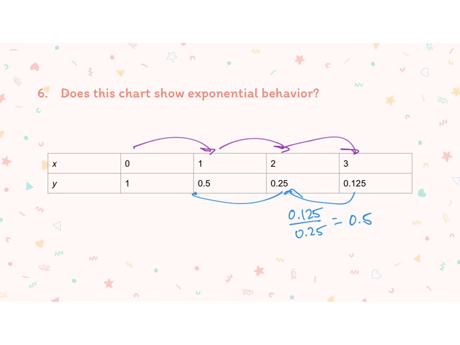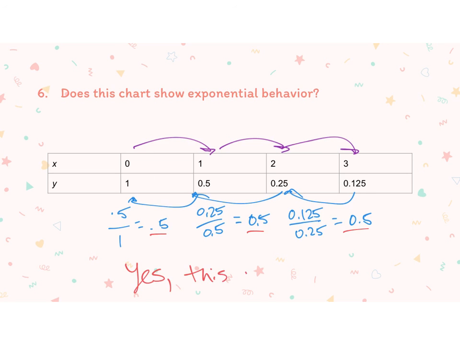Then do it again. 0.25 divided by 0.5, and I get 0.5 again. 0.5 divided by 1, we should know this, is going to be 0.5 anytime you divide by 1. So once again, I have the same multiplier each time, so I would say yes, this is exponential.